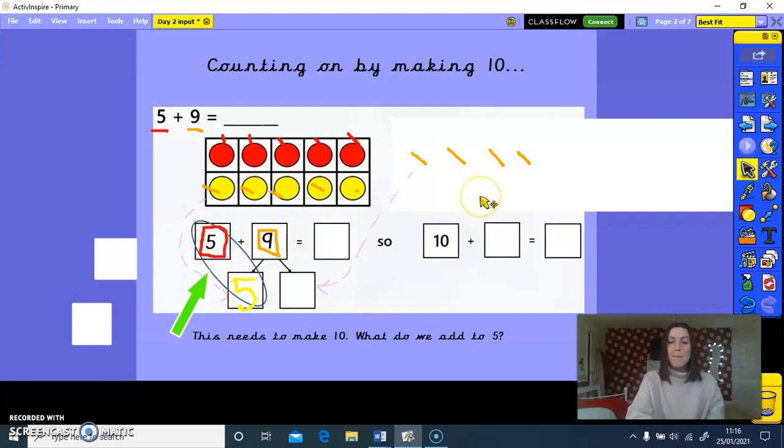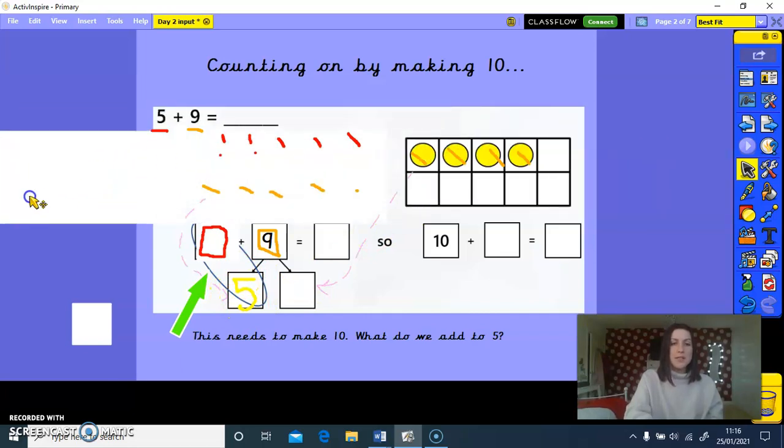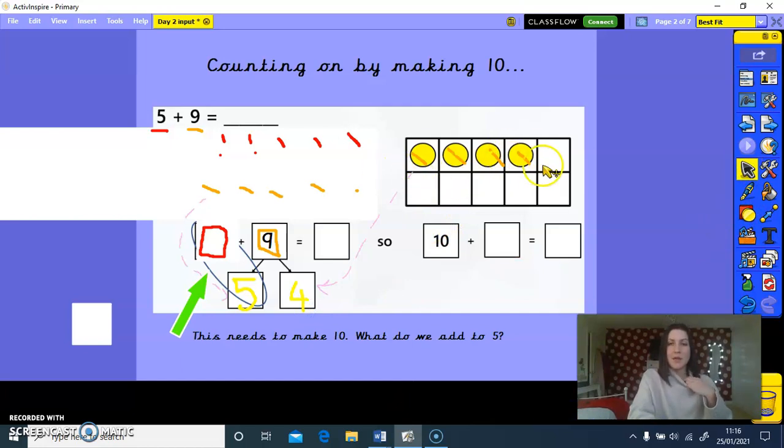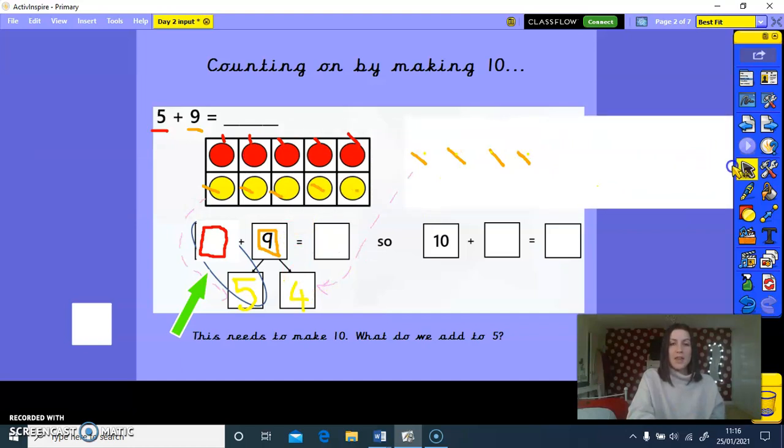10. But I have got then in my part whole model a 9 here, and I've said one part is 5. The other part is going to be the remaining counters over here, which is 1, 2, 3, 4. So the other part is 4. We have worked that out by counting these leftover counters that didn't fit in, so that is that part there, and knowing that 5 and 5 make 10 shown here.